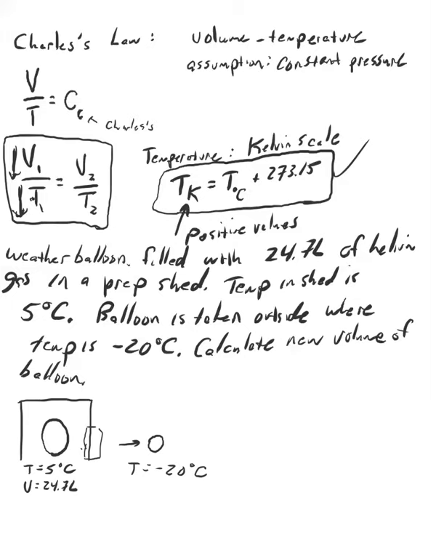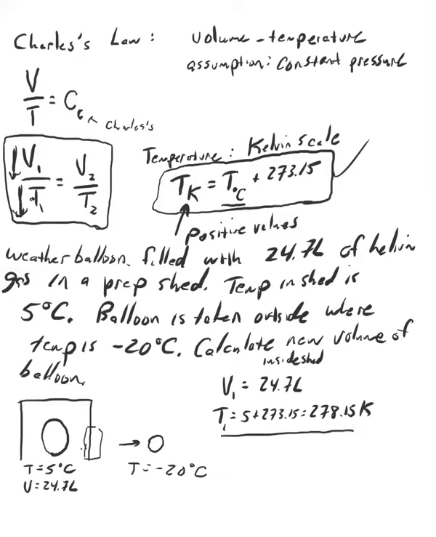So let's go through it. We're going to say our V1 is inside the shed. And our T1, I'm now going to do the conversion. It's the temperature in Celsius plus 273.15, which is 278.15 Kelvin. So make sure you do that conversion.